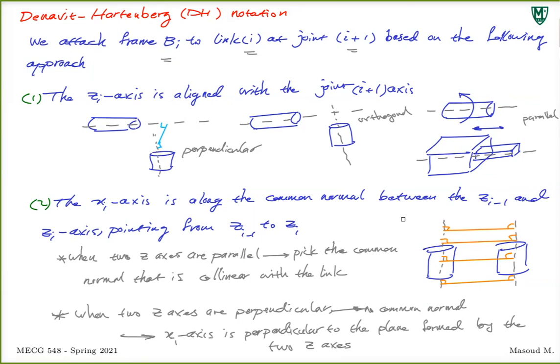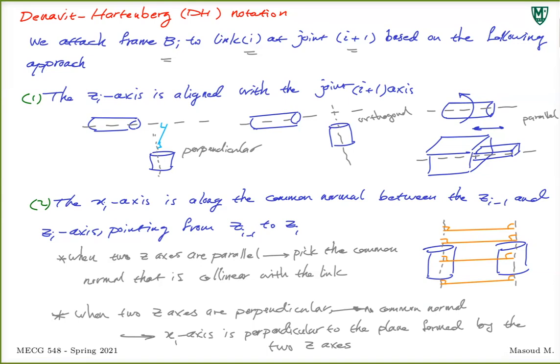For these two joints, for revolute, it's basically the axis of rotation that would be your joint axis. For a prismatic joint, it's basically the direction in which your joint is moving. And once you know the z-axis, the x-axis is along the common normal, going from z(i-1) to z(i), the previous frame's z to the current frame's z-axis.